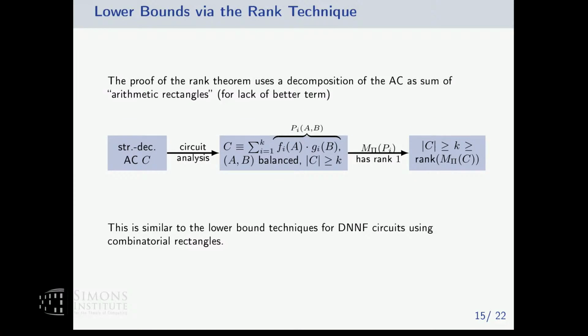And you prove that these functions have value matrix of rank 1, and then you use that the rank is subadditive, and you obtain your lower bounds, the theorem. So anyway, there is some interesting part which is hidden here.